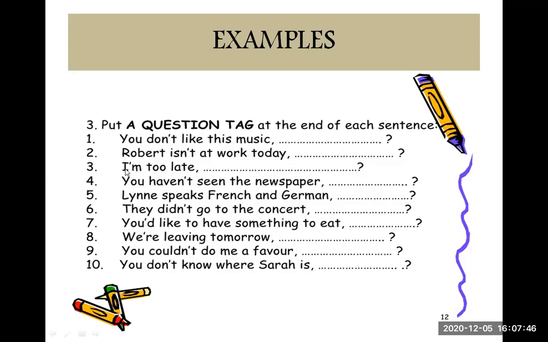I'm too late. Now here we have a positive one. So the question tag will be negative: amn't I? Next, you haven't seen the newspaper. We have a negative sentence, haven't.